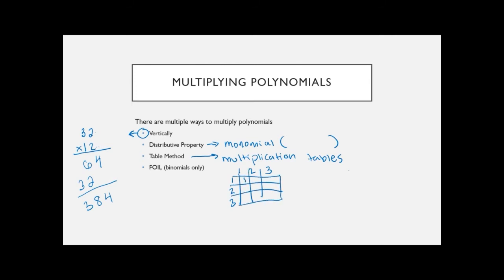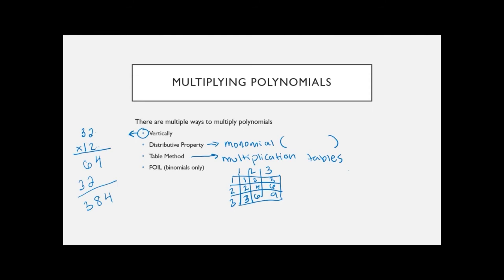And so you'd have 1 times 1 is 1, 1 times 2 is 2, 1 times 3 is 3, and then next row 2 times 1 is 2, 2 times 2 is 4, 2 times 3 is 6. 3, 6, 9. So way back in elementary school, when you're learning multiplication, you have multiplication tables. That's the table method, and you can use that for variables, and it works really nicely. So we're definitely going to cover that method.